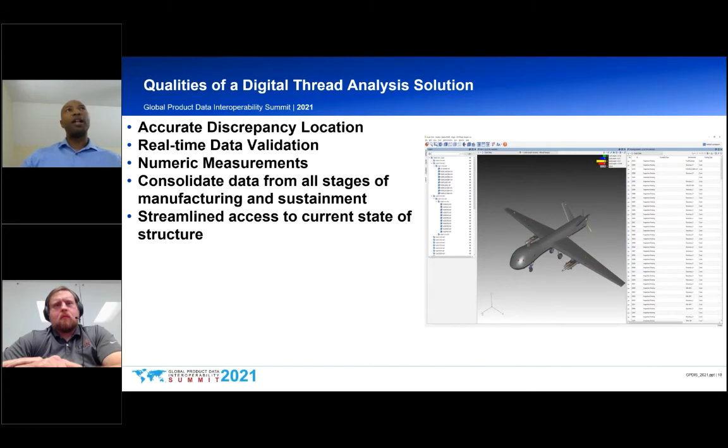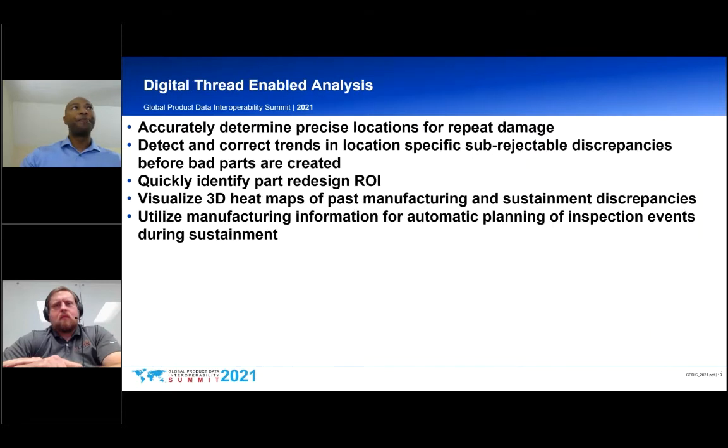So what are some of the qualities of a digital thread analysis system? We've already touched upon most of these, such as accurate discrepancy locations, real-time data validation, actual numeric values for the measurements, being able to consolidate all of the information from manufacturing and sustainment into a single database, as well as having streamlined access to the current state of the structure.